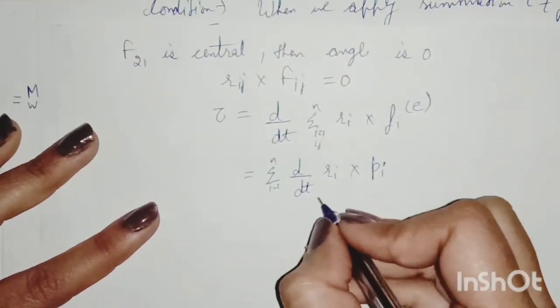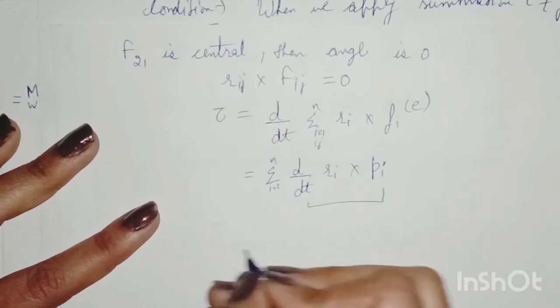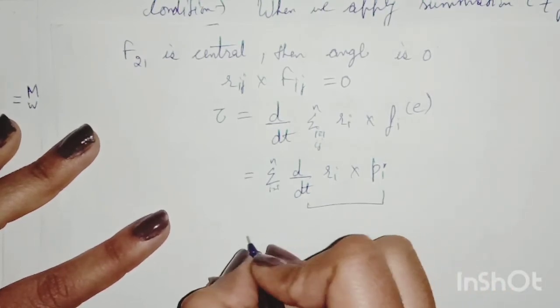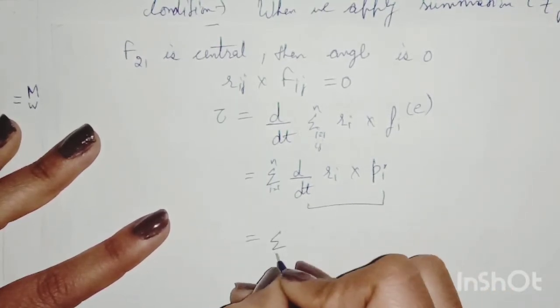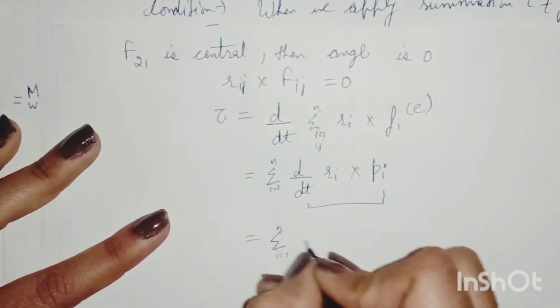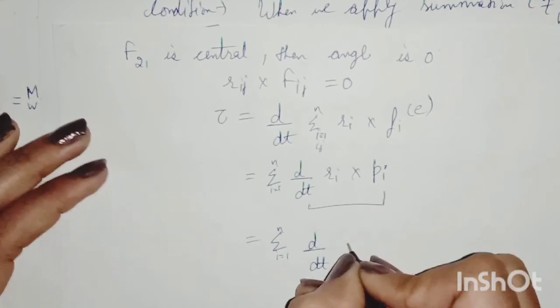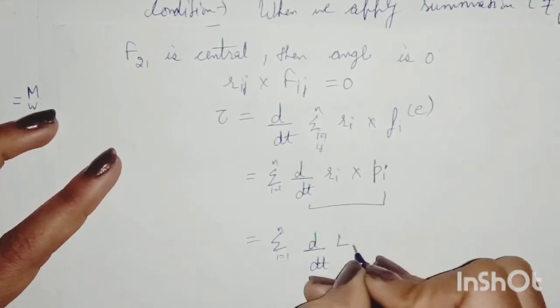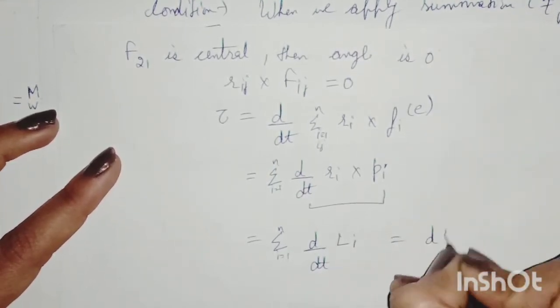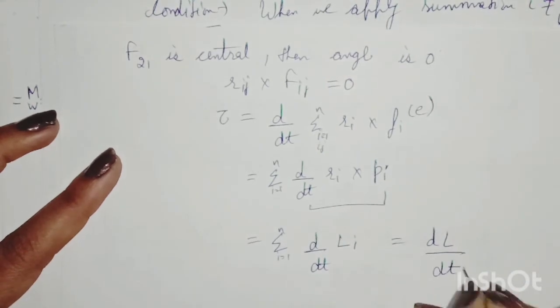So this is our angular momentum. So we can write summation i equals 1 to n d upon dt of Li, which is equal to dL upon dt.